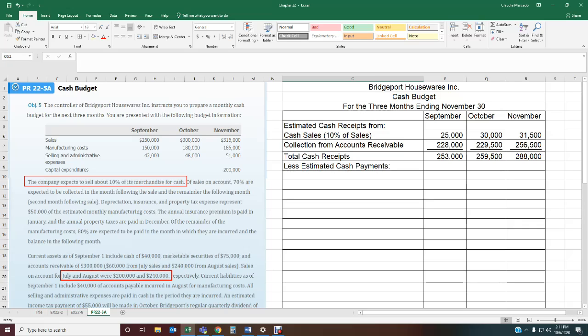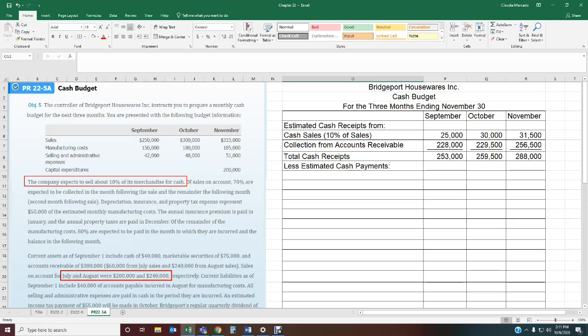We are provided with our manufacturing cost here of $150,000, $180,000, and $185,000 for each of the respective months. It also says that depreciation, insurance, and property tax expense represent $50,000 of the estimated monthly manufacturing costs.